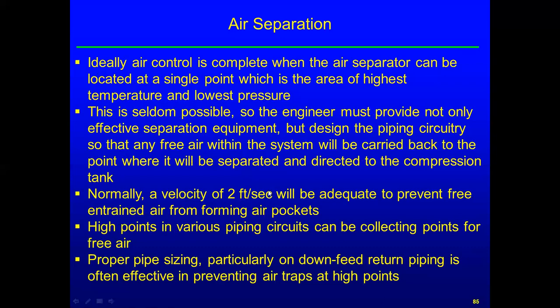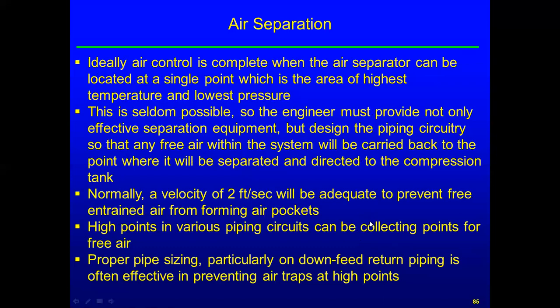Normally a velocity of 2 feet per second is adequate to prevent free entrained air from forming air pockets. So if we keep our velocity, especially in downward pipes where the flow is going downward, at 2 feet per second or above, it will pull the air with it back to the point of air separation. High points in various piping circuits can be collecting points for free air, such as coils or any piping or any reservoirs up on the higher levels of the system.